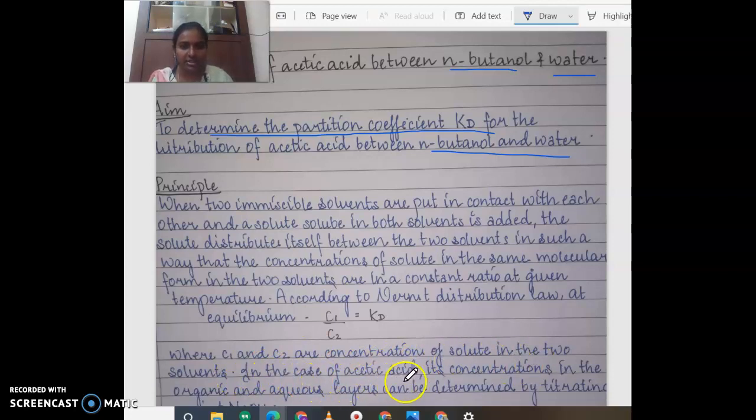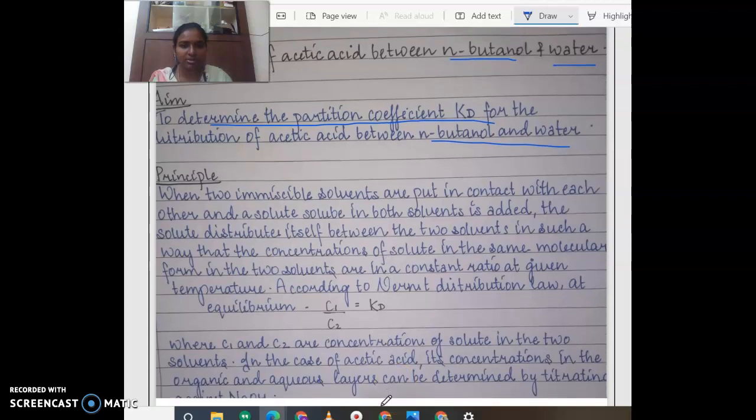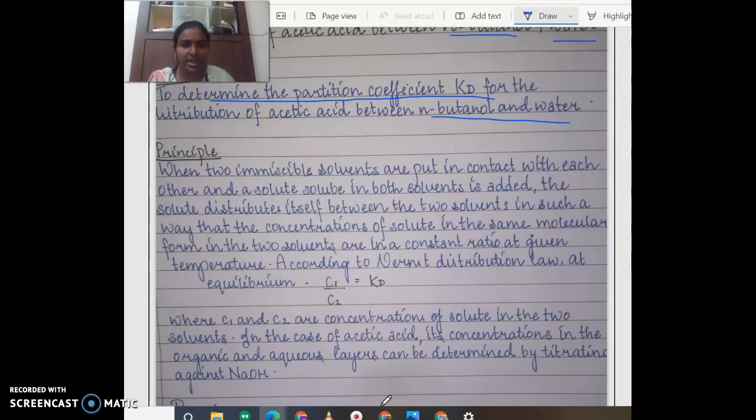In the case of acetic acid, its concentration in the organic and aqueous layers can be determined by titrating against NaOH. Here we are taking two immiscible liquids, N-butanol and water, and mixing them; they won't mix with each other.